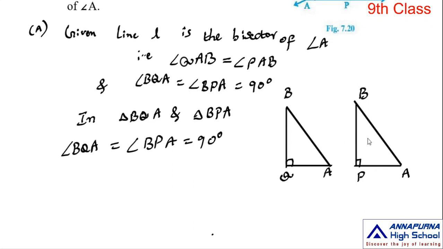These are two right angle triangles. BQA is one right angle triangle, BPA is the other right angle triangle. So angle Q equals 90 degrees, angle P equals 90 degrees. This is the given condition.